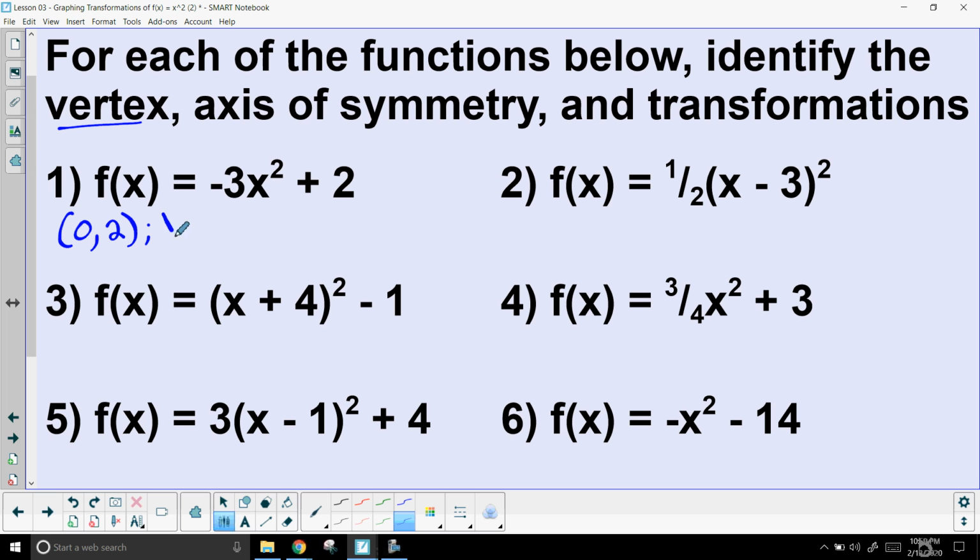Now look at the equation. Negative out front here means we're reflecting. There's no H, so we'll skip that. Oh, I forgot the 3. 3 is greater than 1, so we're stretching. All right, now there's no H because now we're on that part. Go to the +2. That means we are going up. Shift up 2.